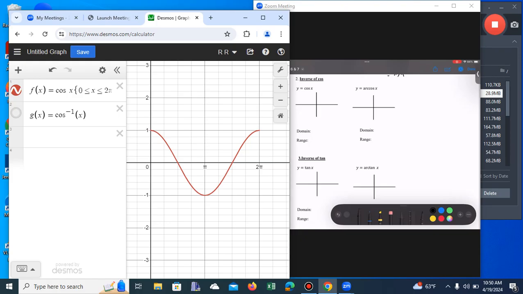cosine graph. Notice even this section still does not pass the horizontal line test. So we even have to restrict this further. But cosine is basically sine, but it just is shifted some.